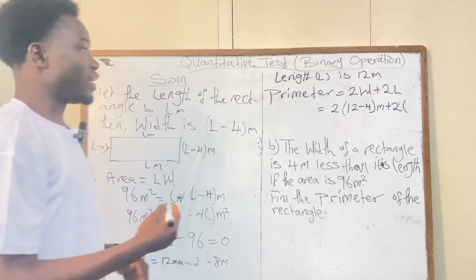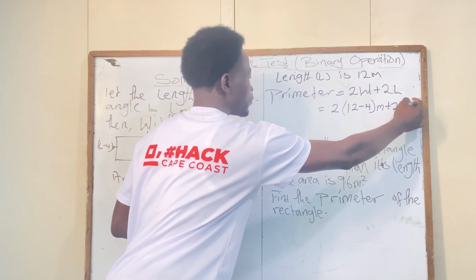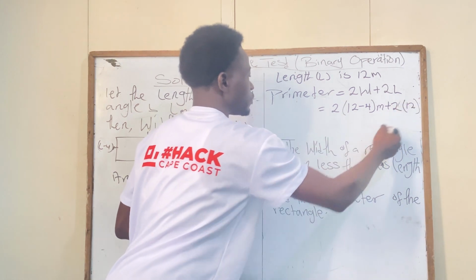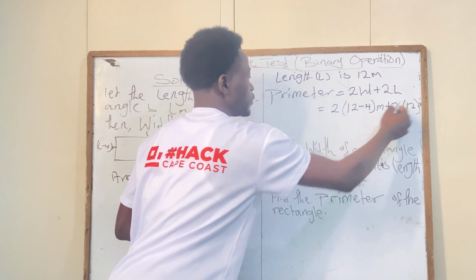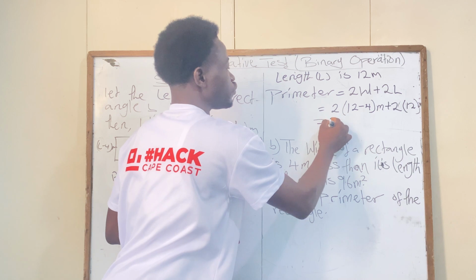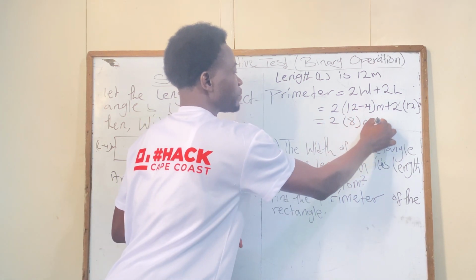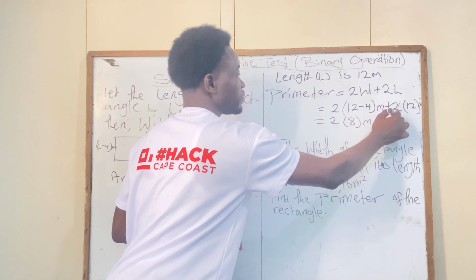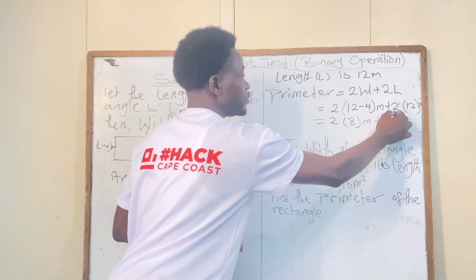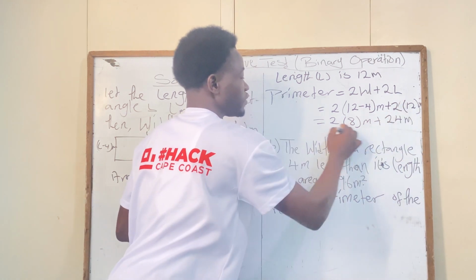So 2 times L, which is 12 meters. This is equal to 2 times 8 meters plus 2 times 12 meters, which is going to be 24 meters.